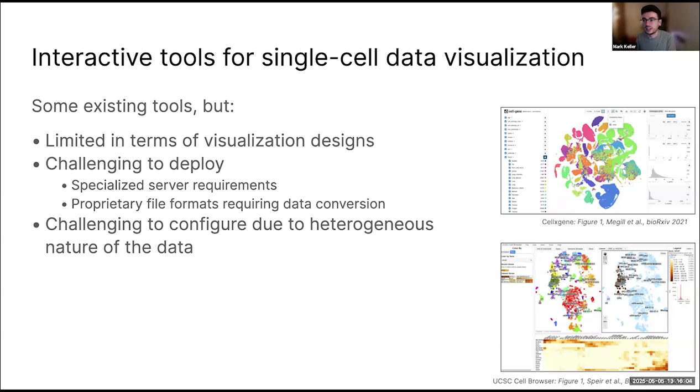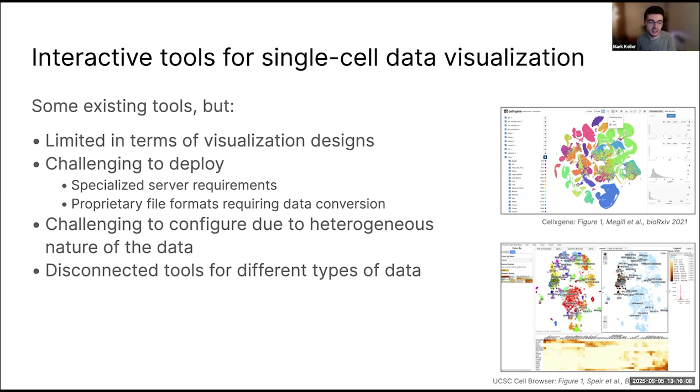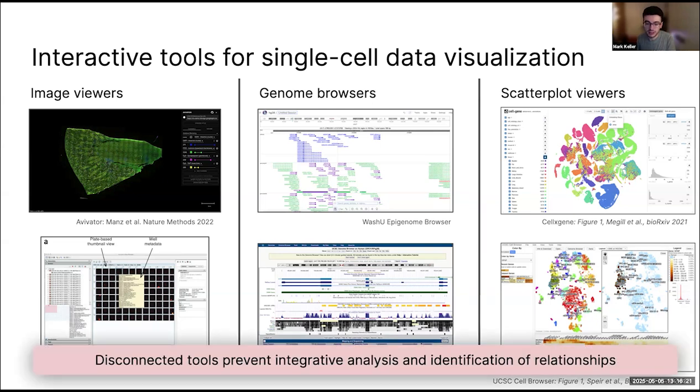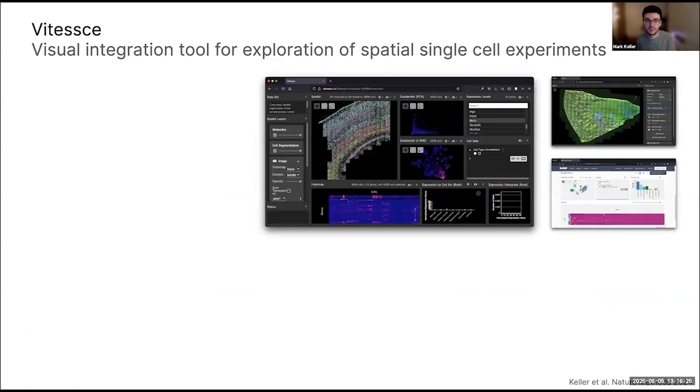And due to the heterogeneous nature of the data, they can be challenging to configure, and they're disconnected tools for different types of data. So you see here there are scatter plot viewers and genome browsers and image viewers that are all standalone, which can prevent integrative analysis of the data.